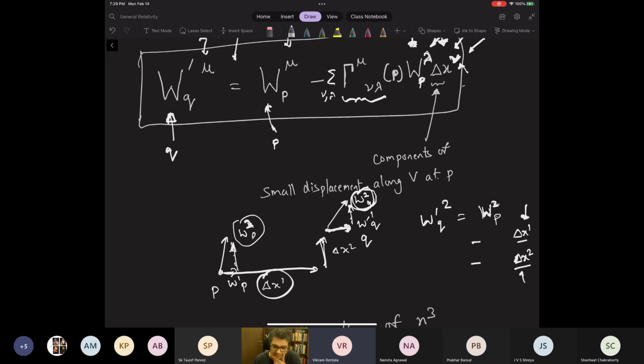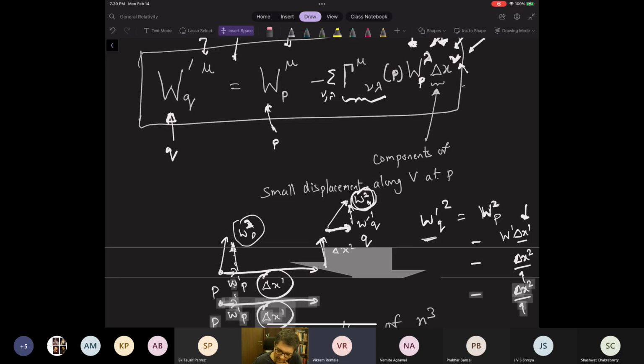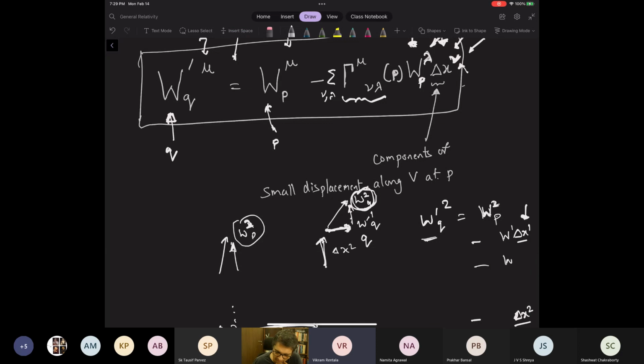The second thing is that we need to include that the change in this second component can be proportional to W1, and this change can also be proportional to W2.